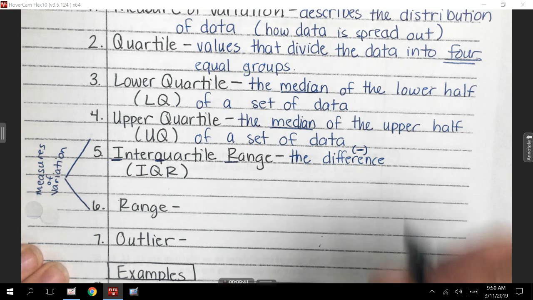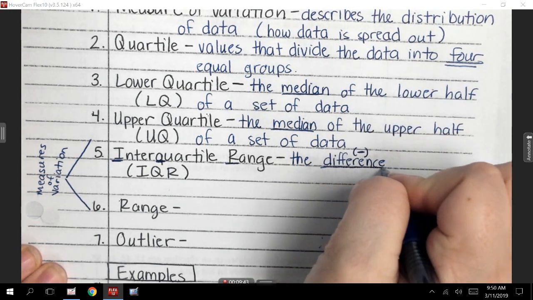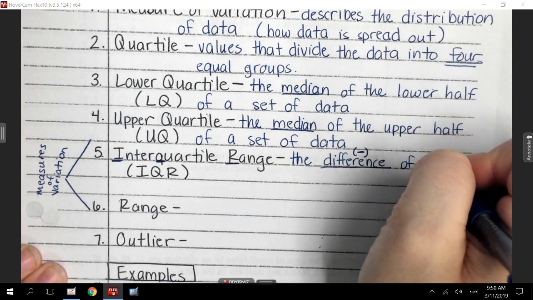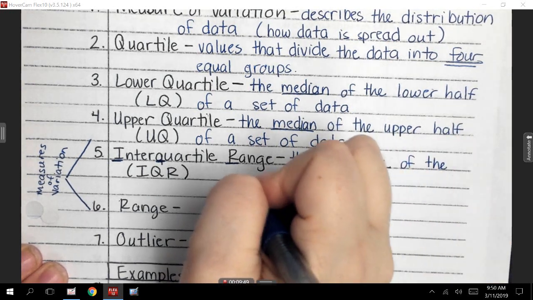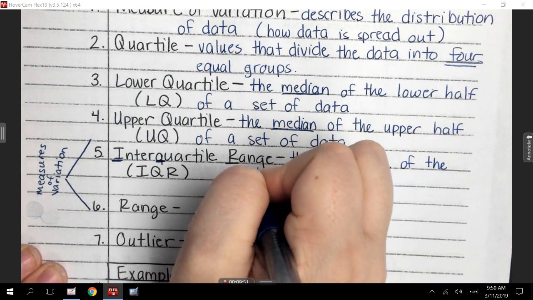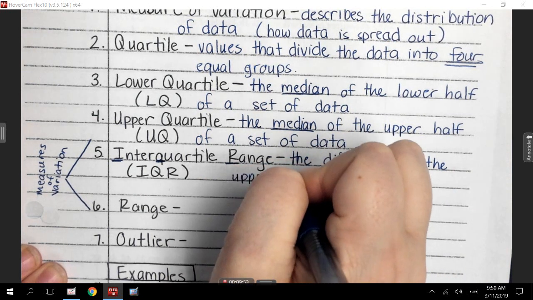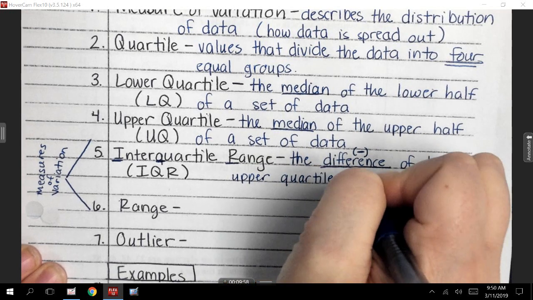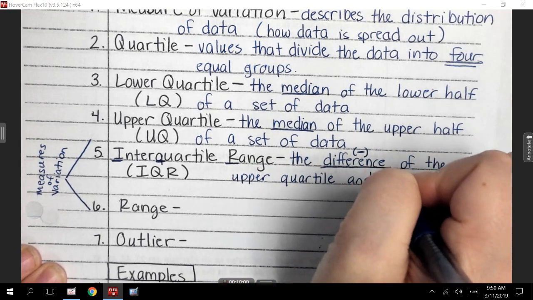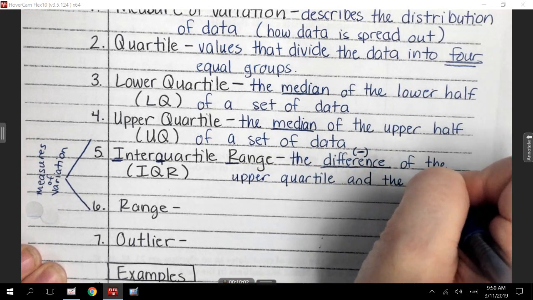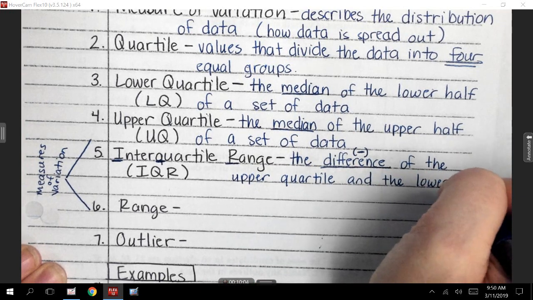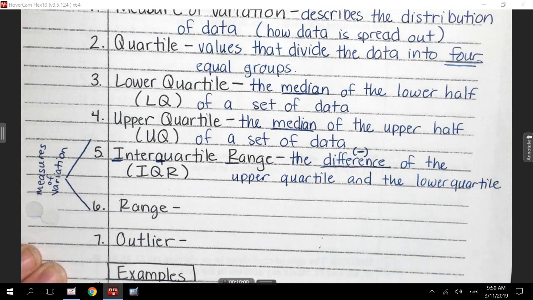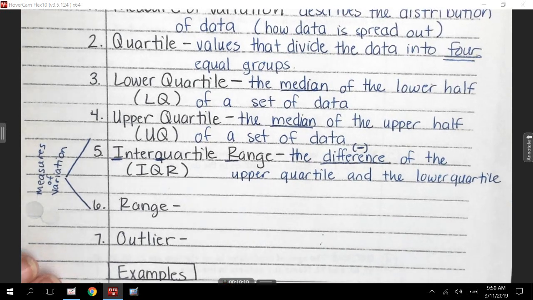So the difference, I'm going to underline that too because that's a vocabulary word we've used, of the upper quartile and the lower quartile. I think I just ran off the screen a little bit. Nope, I didn't. Good.